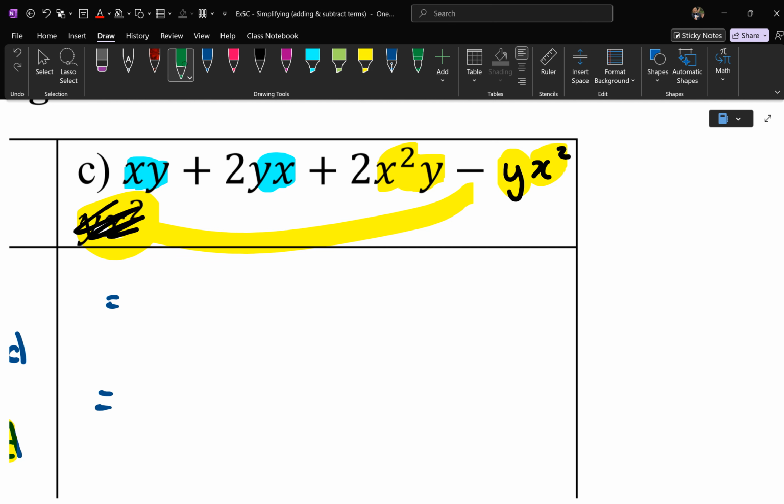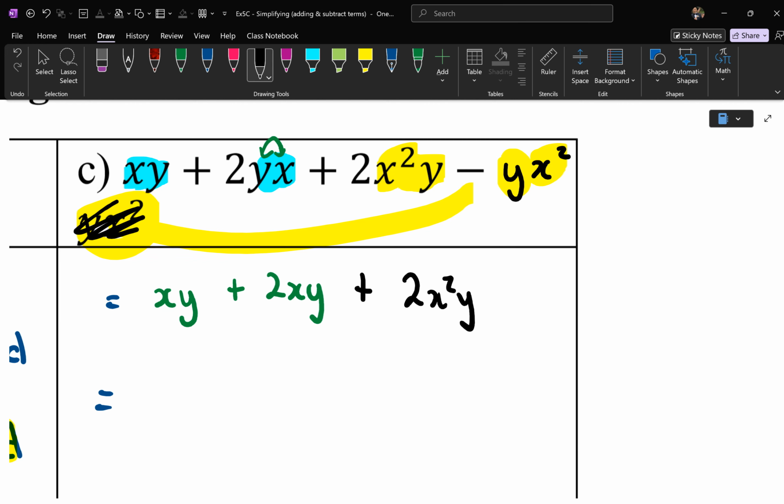So if you add them, now notice, I know the order is different here, but remember we said the order doesn't matter. So you can write it as xy plus 2xy, so those two are the same, plus, notice this is x squared y, so you get 2x squared y, and then you minus, and you can swap the order if you want to make it easier for you.